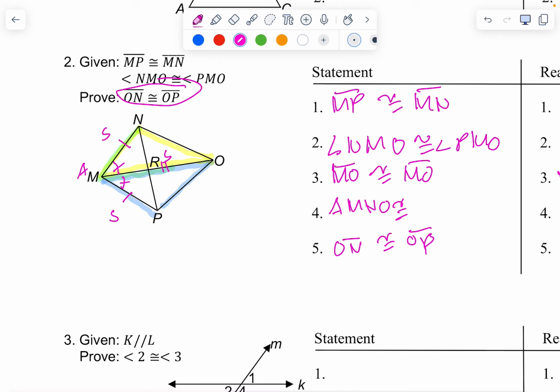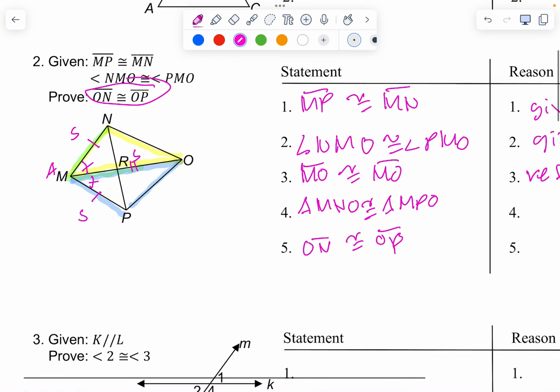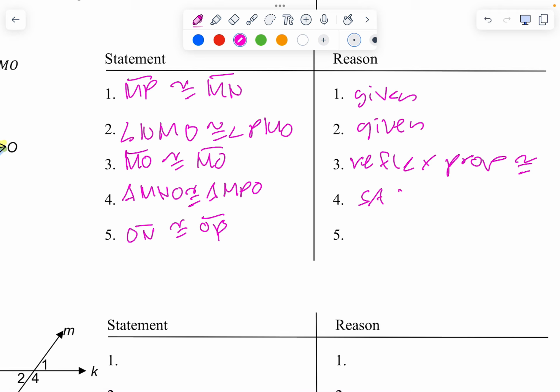So if I went from M N to O, Noah, what should the other one be to be consistent? MPN. Good job. And that was by side angle side. And then let's see if y'all remember from 4.6. So we use CPCTC after 2 triangles are what?